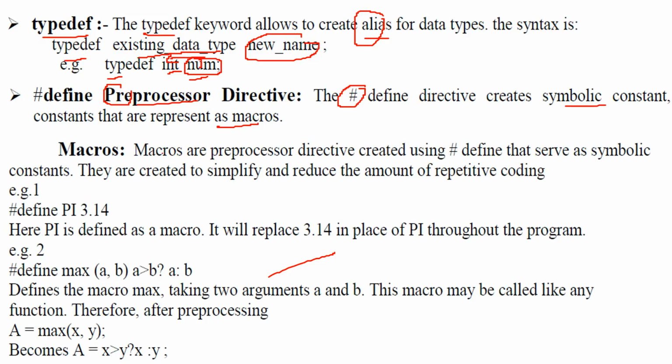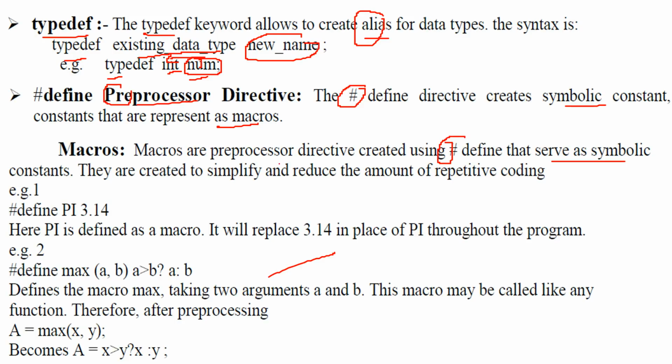So what are these macros? Macros are nothing but preprocessor directives. They start with hash. So define serves as a symbolic constant, created just to reduce the amount of repetitive coding.